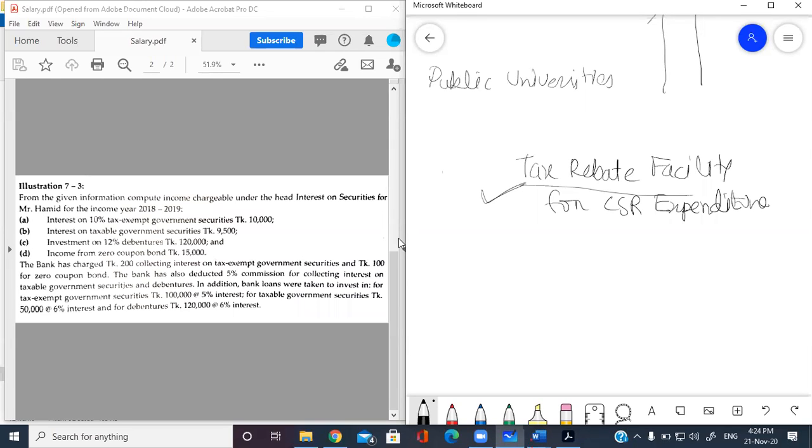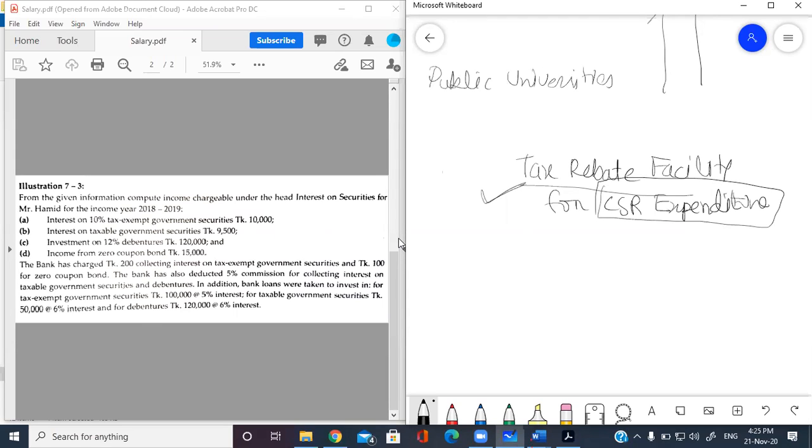So you need to recognize how the tax rebate is calculated for CSR expenditure. First of all, it is mentioned that there is a maximum amount for CSR expenditure.